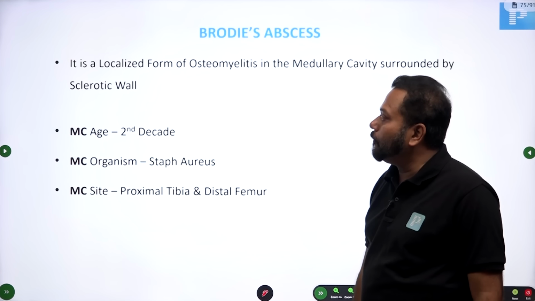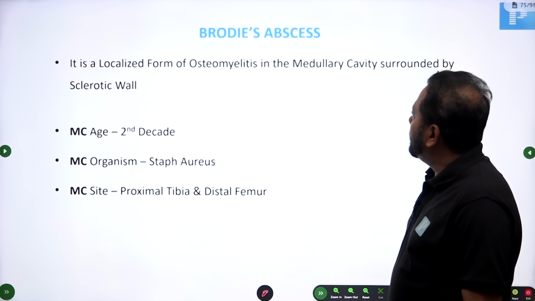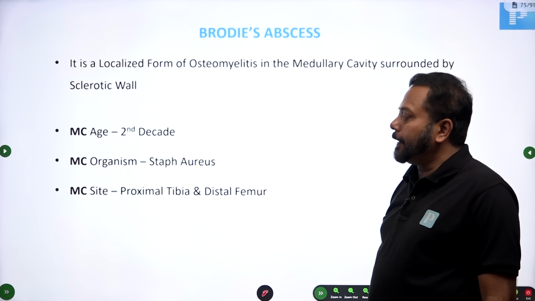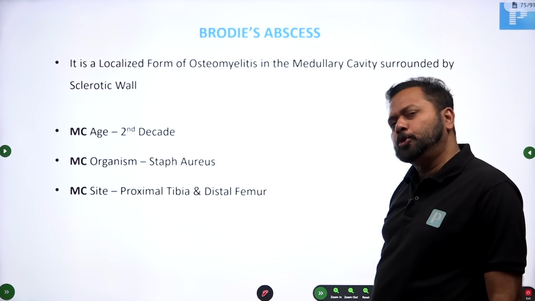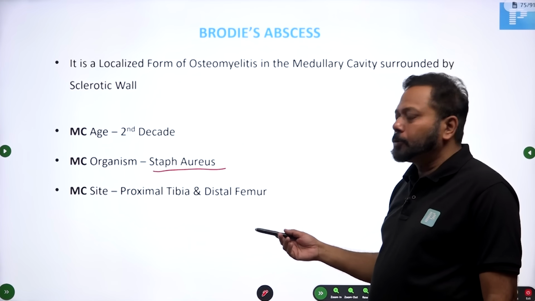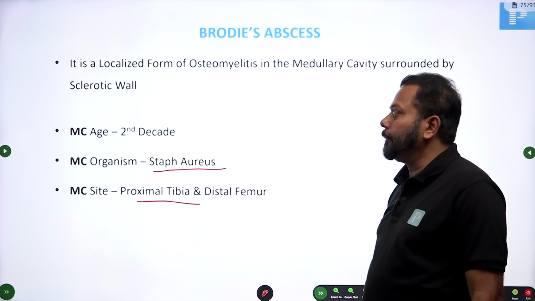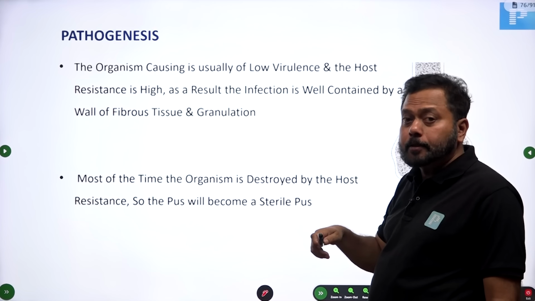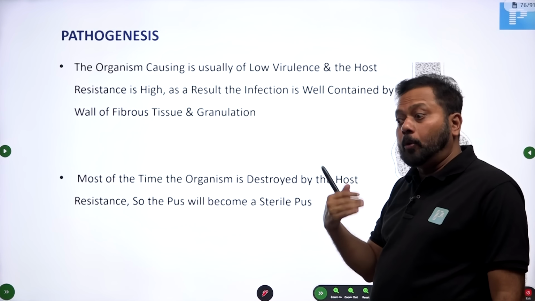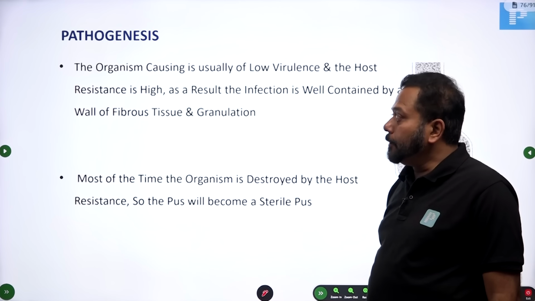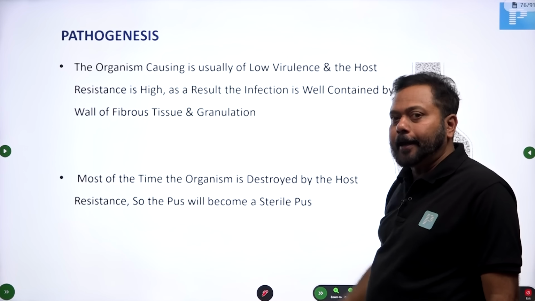It's a localized form of osteomyelitis in the medullary cavity surrounded by a sclerotic wall. Most common age is second decade, most common organism as usual Staphylococcus aureus, the most common organism for osteomyelitis. Most common site is proximal tibia. The organism causing it is either of low virulence, or virulence is okay but the host defense is very high.